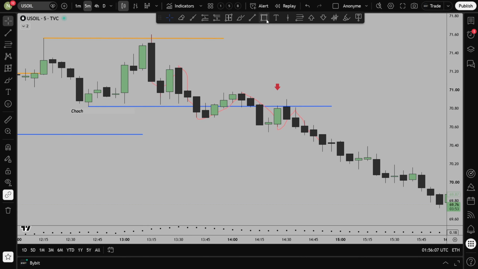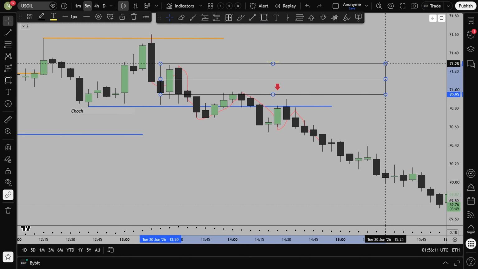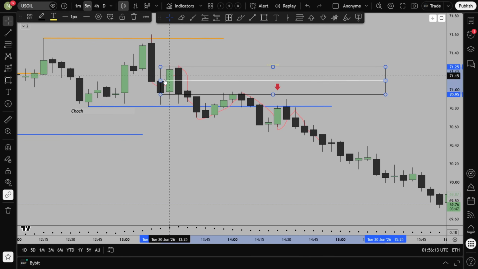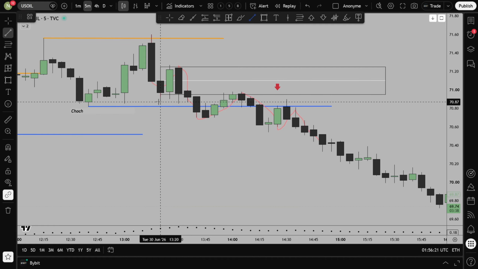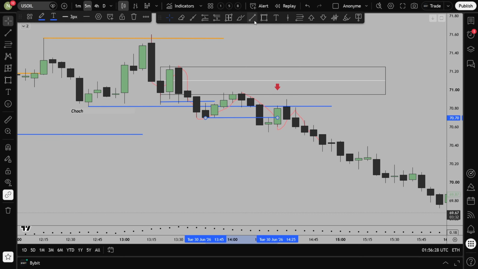And we have this area. That was the previous area of interest before we broke it. Here is the BOS. This is a micro BOS here. Then we have the next BOS and the next BOS, etc.